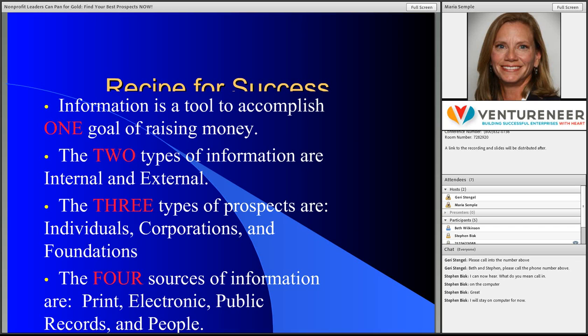We don't have access to credit reports, so we don't know how much debt somebody is carrying. So you'll see as we move through this presentation, I might be able to tell you how much somebody's home is worth, what they paid for their home, the selling price, and also the taxes that they're paying on the property.